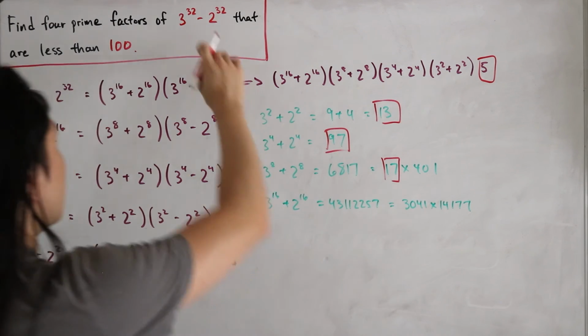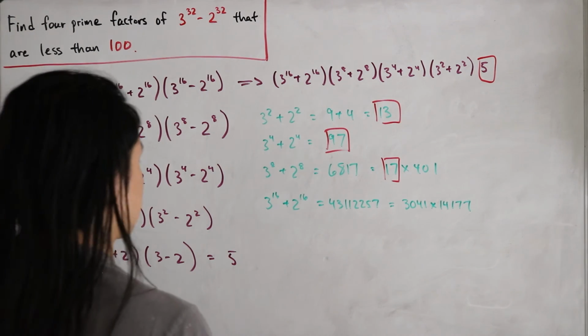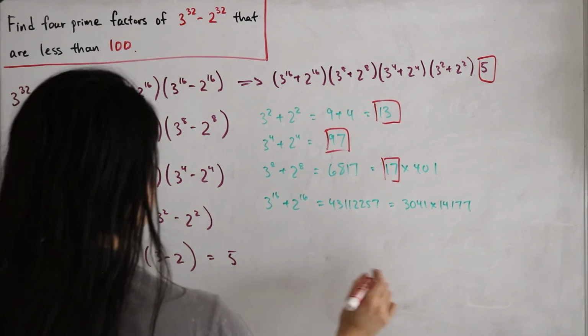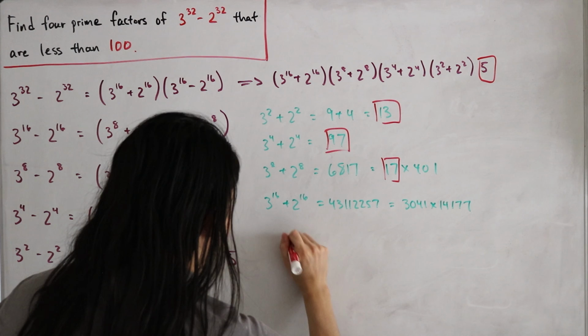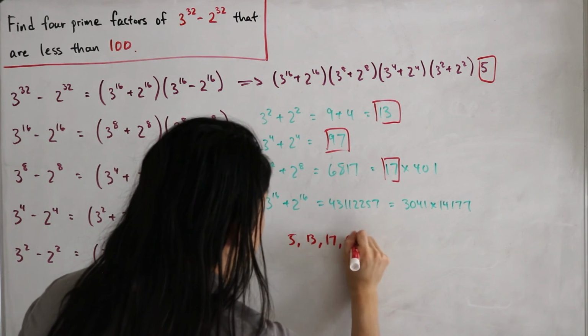We only found 4 of the 7 that are less than 100. Therefore, our 4 prime numbers that are less than 100 that make up this term are simply 5, 13, 17, and 97.